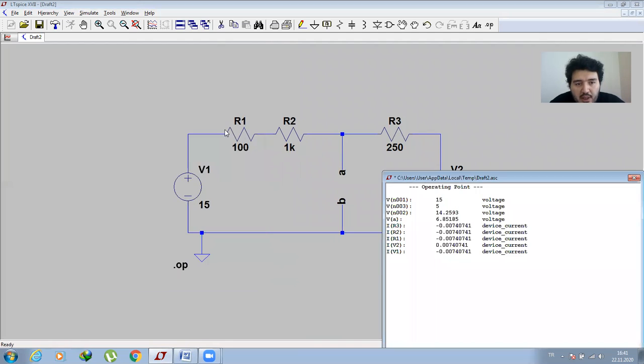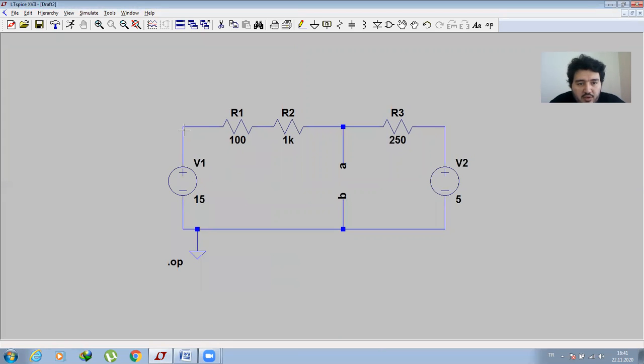For example, when you come here, please look at this side. When I come to a node, please look at this specific left down corner of the page.